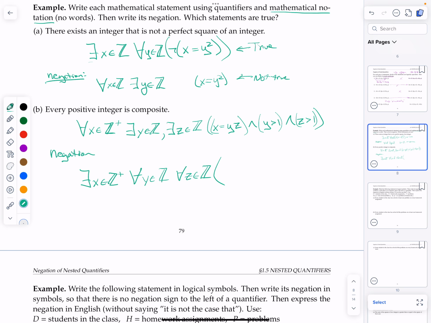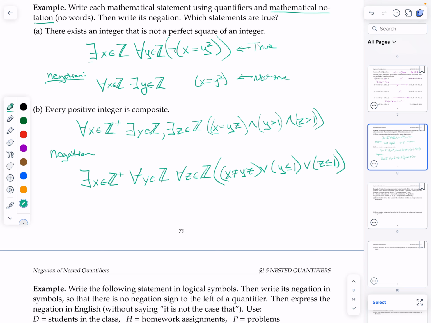Now I have to negate this thing. I'm going to be using De Morgan's law. Yeah, this is a weird way of doing this, but I'm going to do it anyway. So the negation would be that x is not equal to yz, or the negation of this is that y is less than or equal to 1, or z is less than or equal to 1.